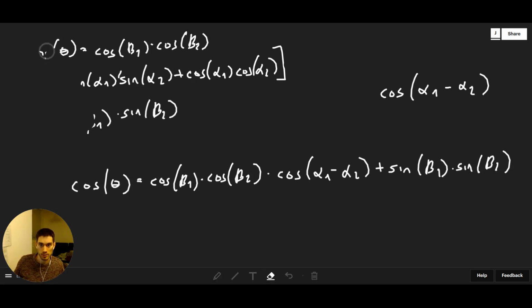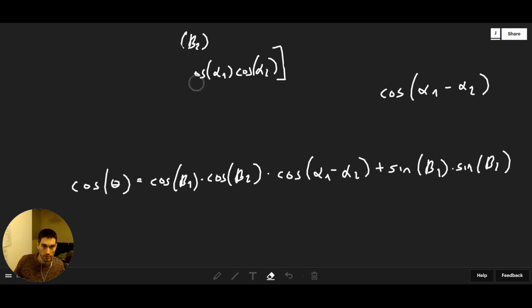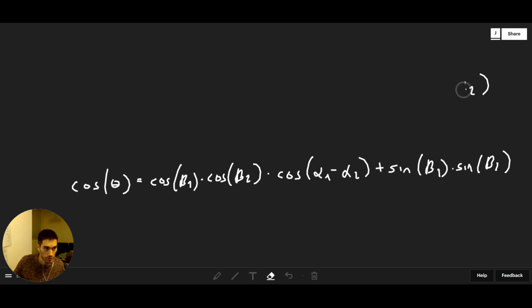And that is the whole formula. So as long as you have all the angles, you can express the location of the 2 points with angles, you can now find the separation between them.